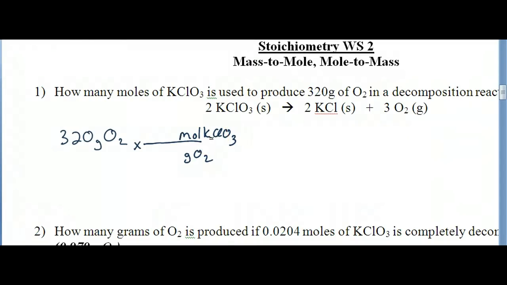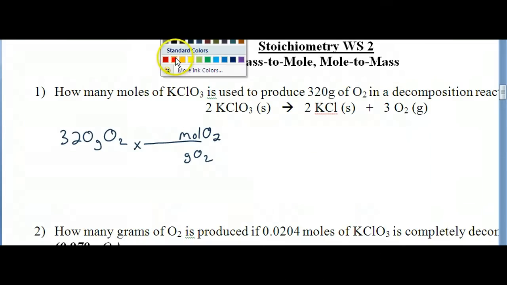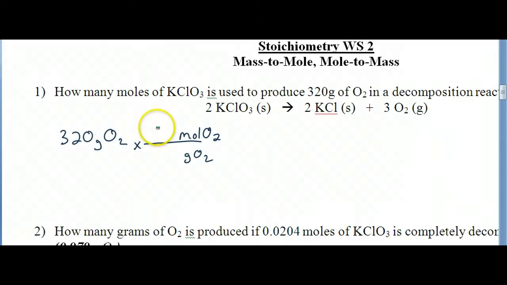What you can convert grams to, and really the only thing you can convert grams to when it comes to stoich, is moles of itself, meaning grams of O2 to moles of O2. And then use the molar mass for 1 mole is equal to 31.998. That's the molar mass that you find on the periodic table.